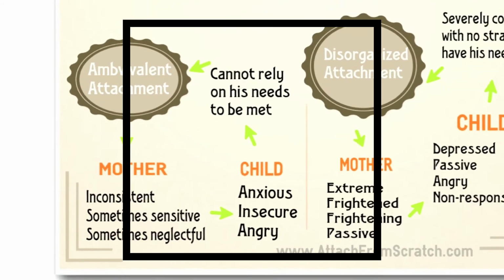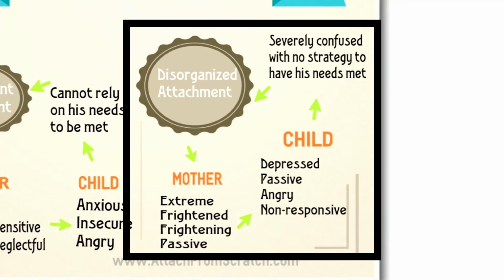And then finally we see disorganized attachment. The mother's behavior is extreme. She's frightened. She's frightening. She's passive. The child is depressed, passive, angry, non-responsive, severely confused, no strategy to meet their needs, kind of more extreme kind of thing.